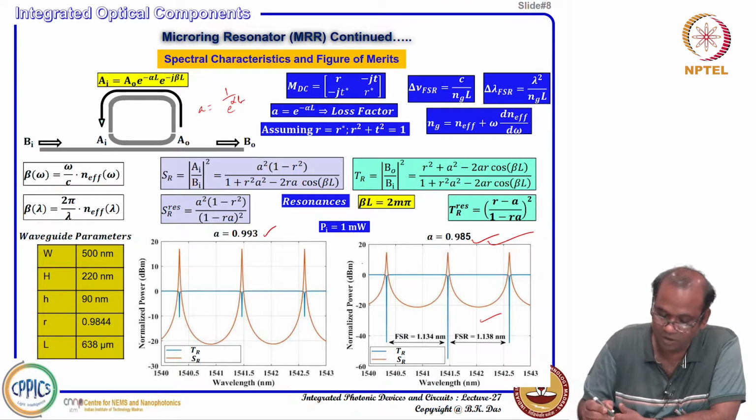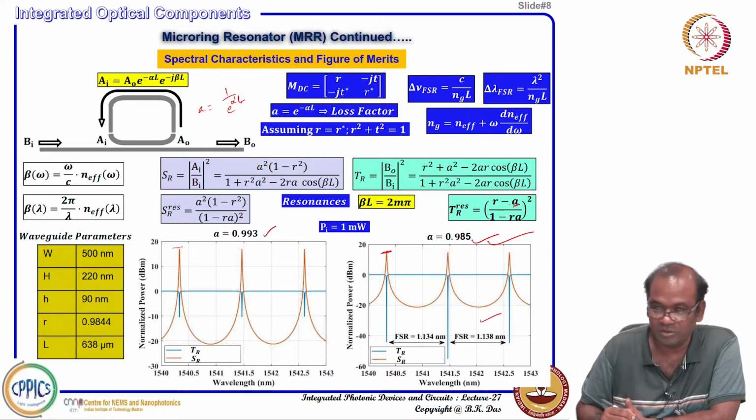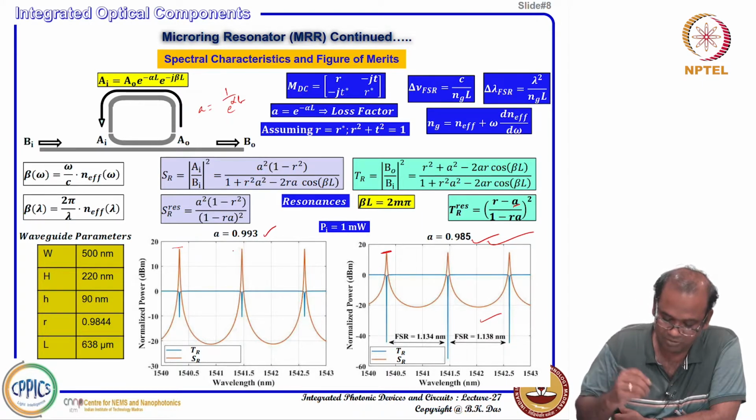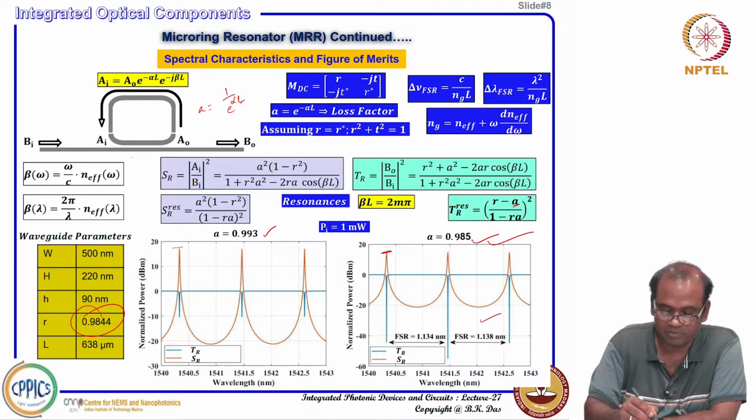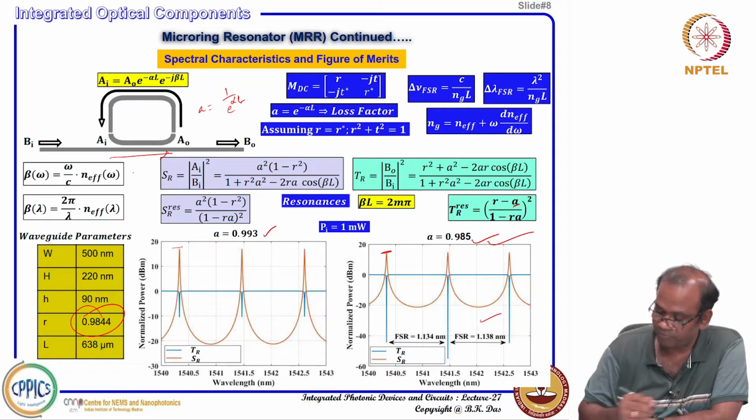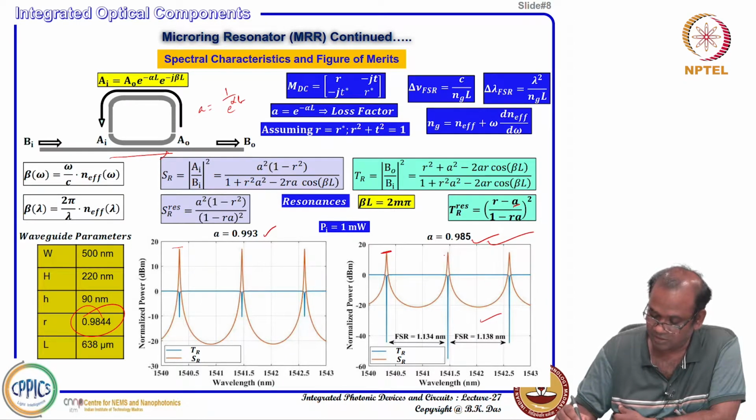You see, when loss increases inside the cavity, the storage, the red curve, is slightly dropped. But at the same time, depending on this value, for a given R, where R is the self coupling coefficient, in that case you see this storage will be dropped and extinction will be more here.